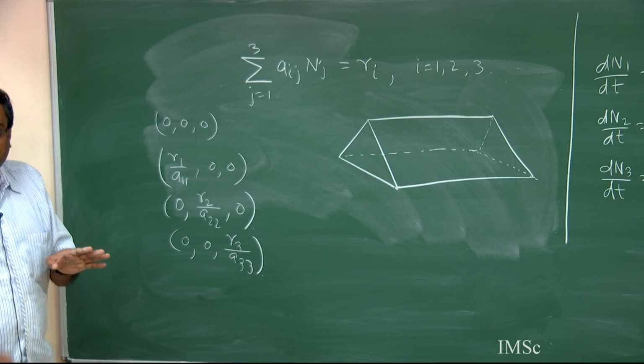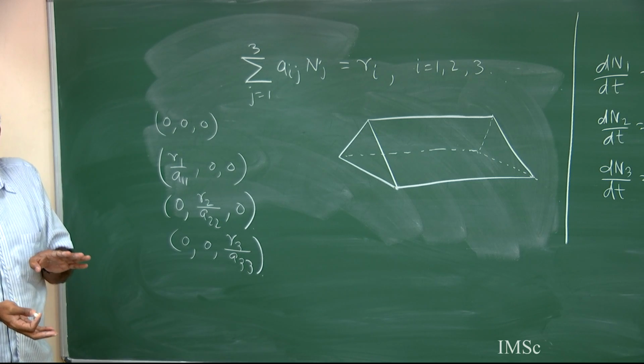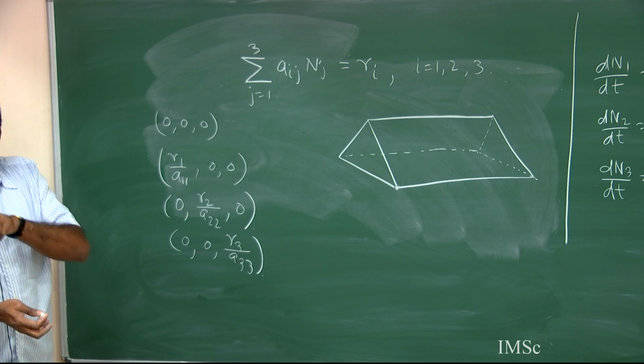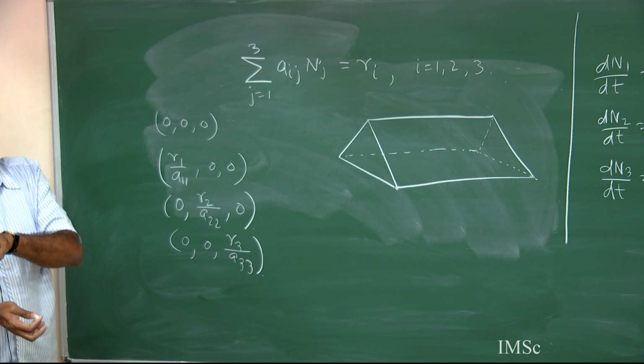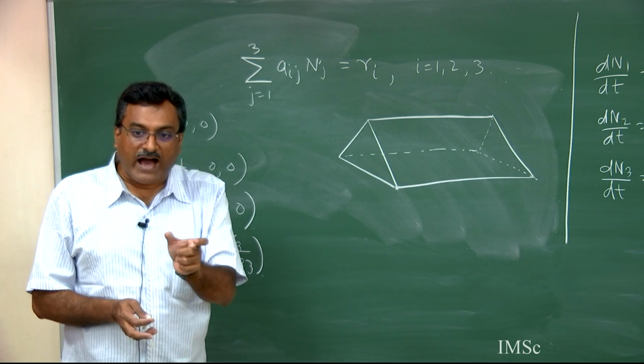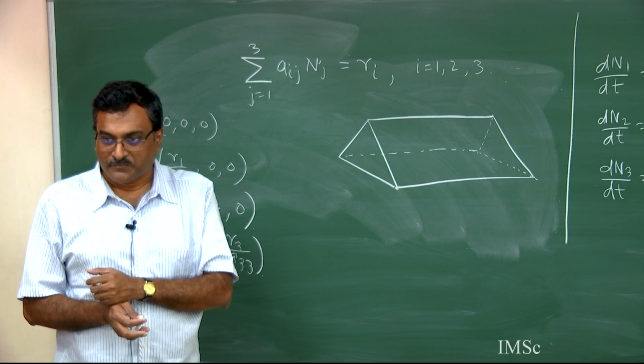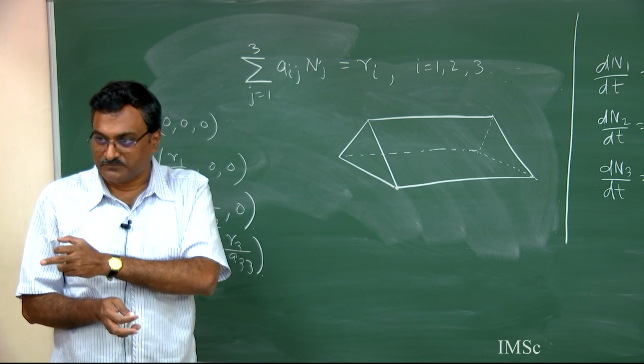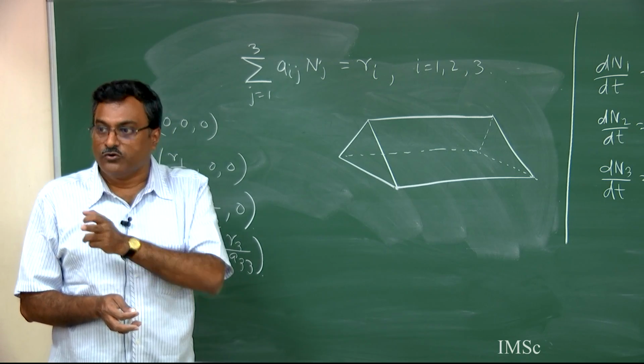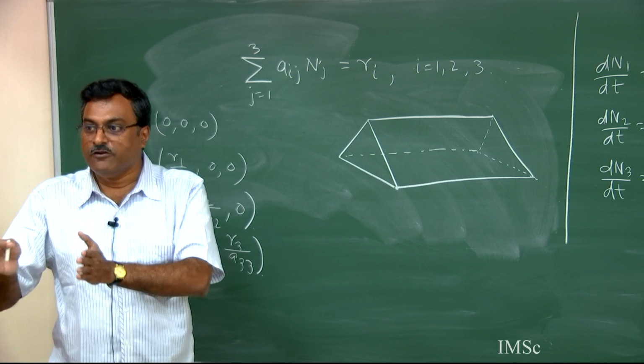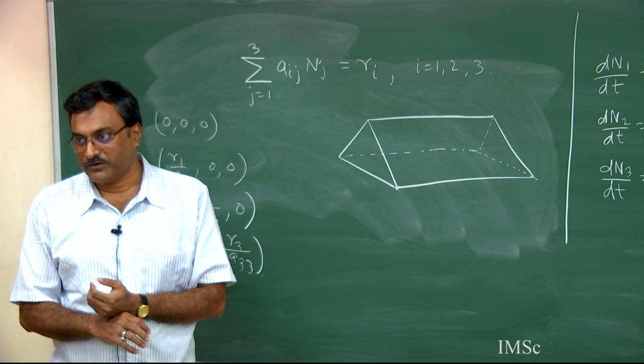Similarly, you will have another set of 3 equilibrium points for which 2 species coexist, but the third species goes to extinction. So there will be equilibrium points of the form, say, alpha beta 0, alpha 0 gamma, and 0 beta gamma, and finally you will have the coexisting equilibrium point.